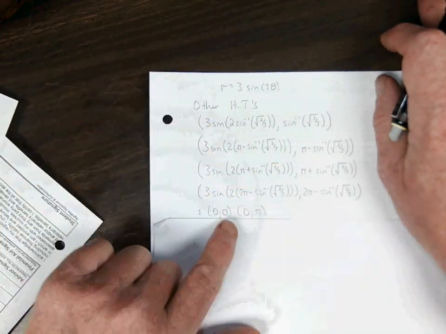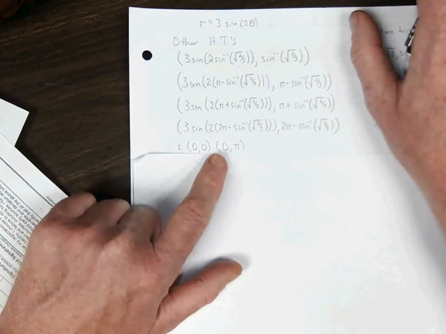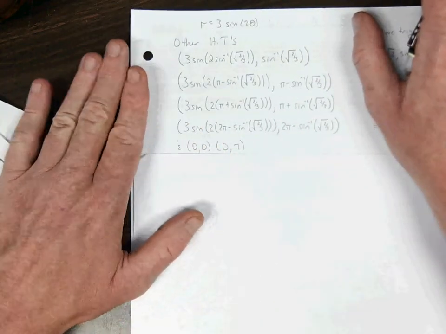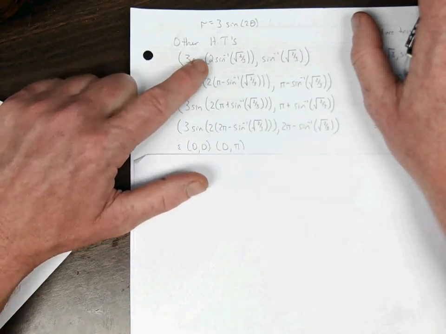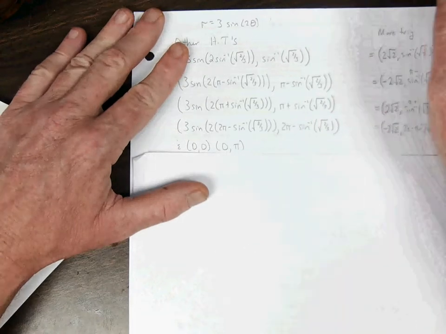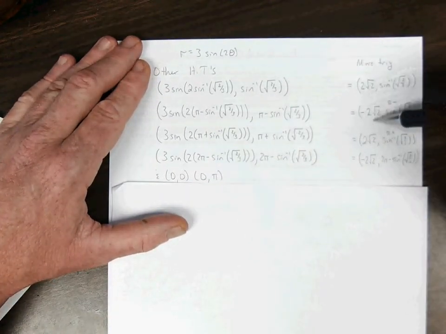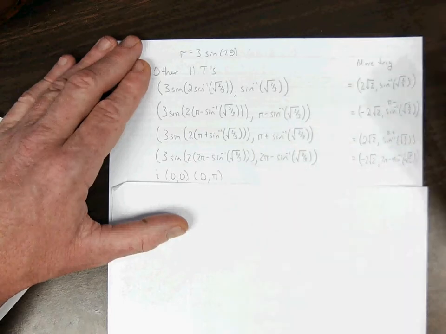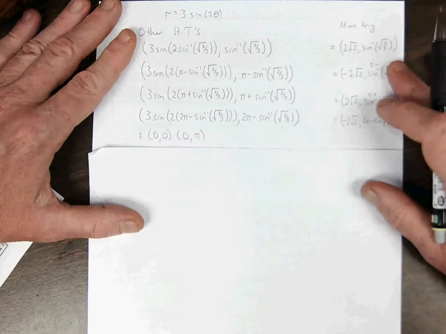And remember we had these two that we found on the previous page, so you could write them that way. You folks that are more adept at trig can actually simplify these out, and those radiuses end up being plus or minus 2 square root of 2. You just have to know a bit more trig to get them simplified that way.